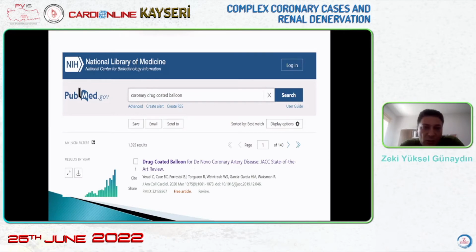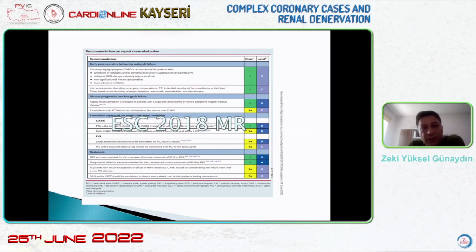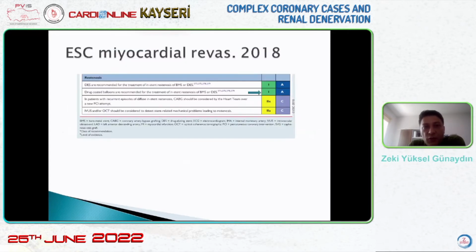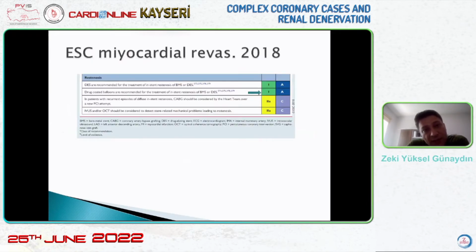And especially at state hospitals, we do not have the chance to use them. But when I search for this, there is serious information about this, especially in Europe. The drug-coated balloons are used, and there are many studies about it. What about the guidelines? The ESC guideline in in-stent stenosis indicates it as class 1.